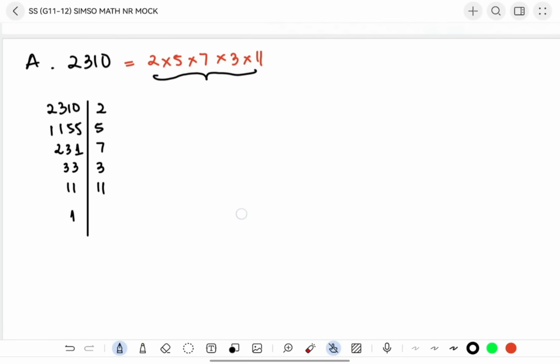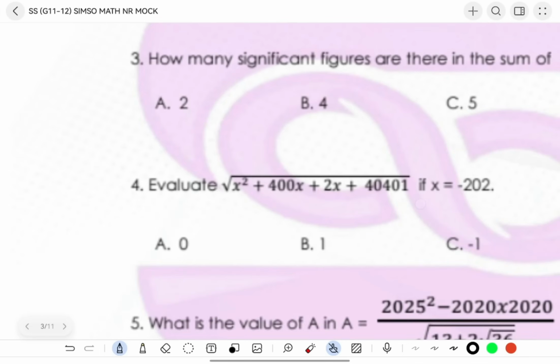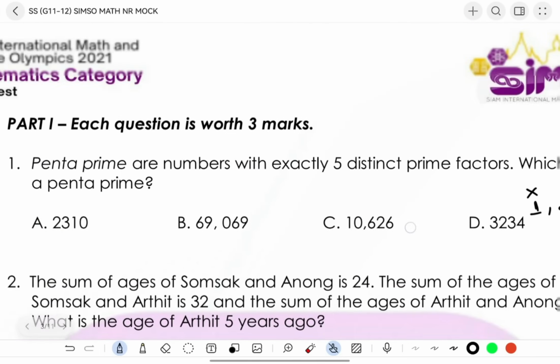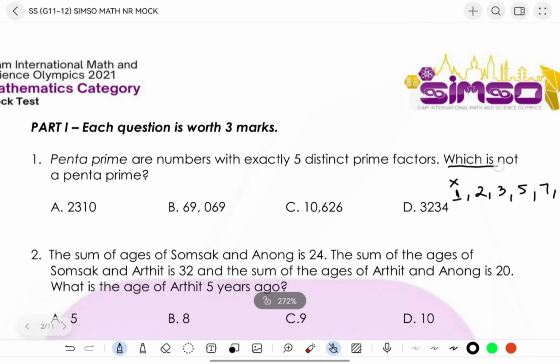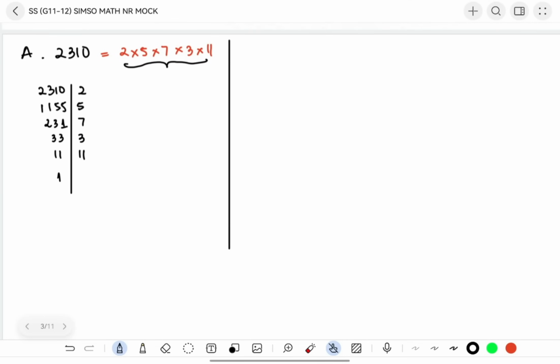So all good. The question asks which is not a Penta prime, so A is not the answer.